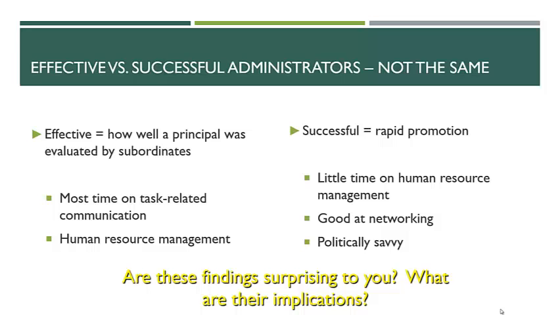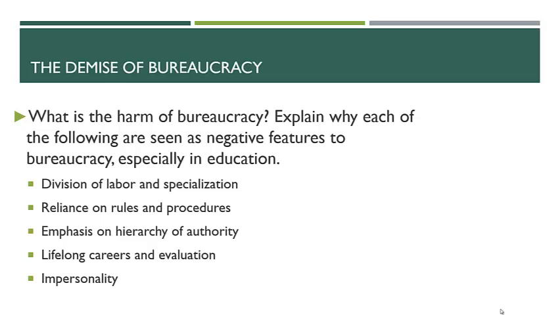Okay, and so the studies show that an effective principal is someone who is rated well by their subordinates. They have time on task related communication, and they're good at dealing with people, that human resource management piece.